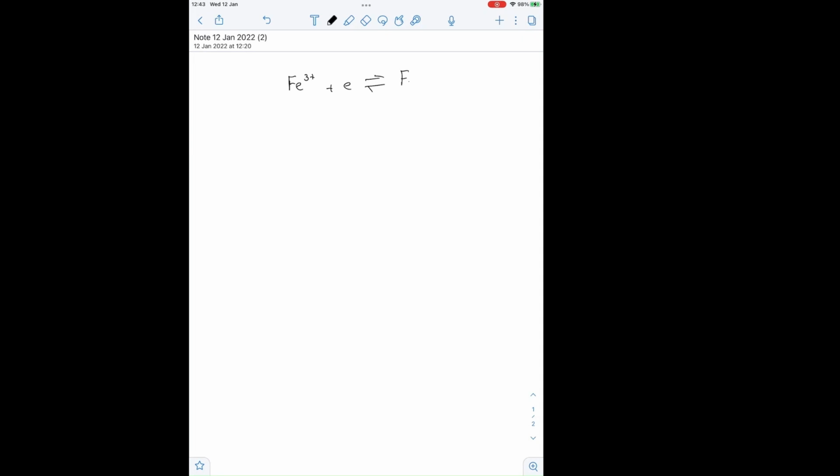Strictly, the real reaction I'm looking at is the ferricyanide one, so Fe(CN)6 3- plus an electron going to Fe(CN)6 4-. But just for shorthand, I'm going to write that as Fe3+ plus an electron going to Fe2+. Now that is a totally reversible reaction.